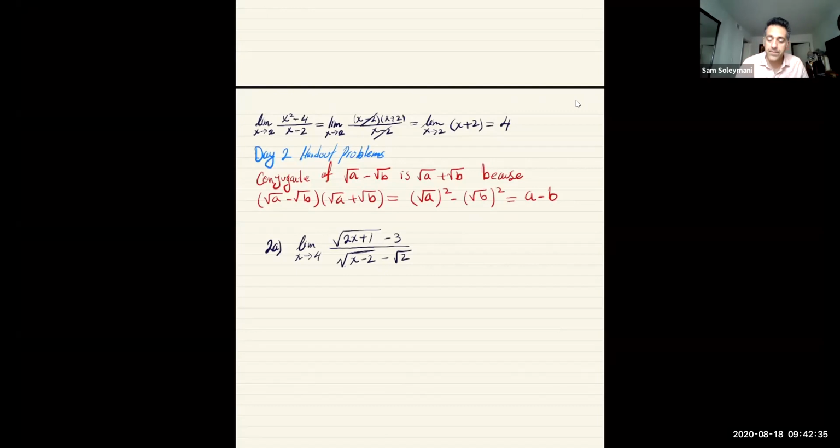Here you have square root of x minus 2. Your x minus 2 is like a, and 2 is your b. So we multiply by the conjugate.